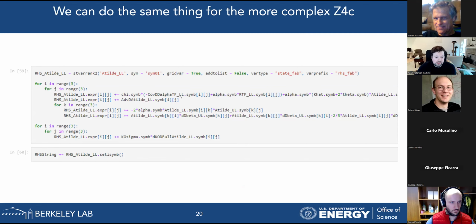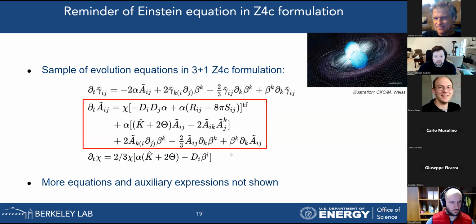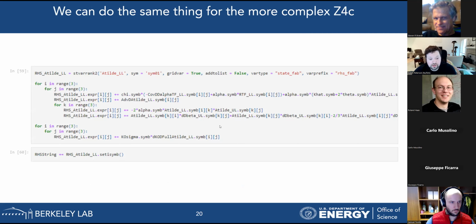I've defined previously a covariant double derivative of alpha, trace-free version, alpha times the trace-free Ricci tensor, et cetera, et cetera. Each of these terms is a read-off version of these actual textbook expressions. So this hopefully would cut down on typos and errors in coding.